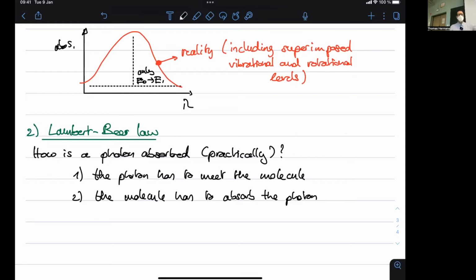So in the previous class, we said, okay, the energy has to match, the transition has to be allowed. But if the photon doesn't actually hit the molecule, then you're not going to absorb anything, right?